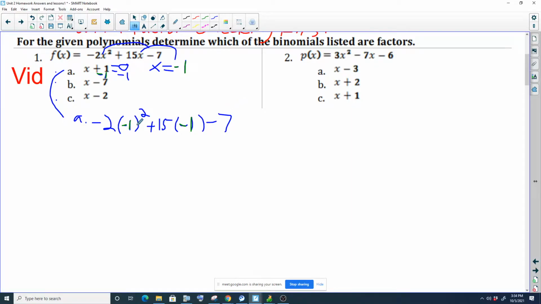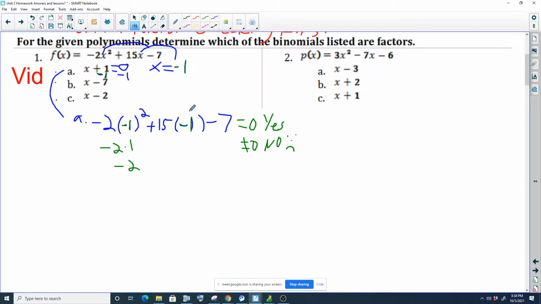So basically, wherever we saw an x, we plugged in a -1. Now, if you get 0, then you're like, yay, it's a factor. But if you get any other number, not 0, then you say, no, not a factor. So -1 squared is just a +1. Times -2 is a -2.